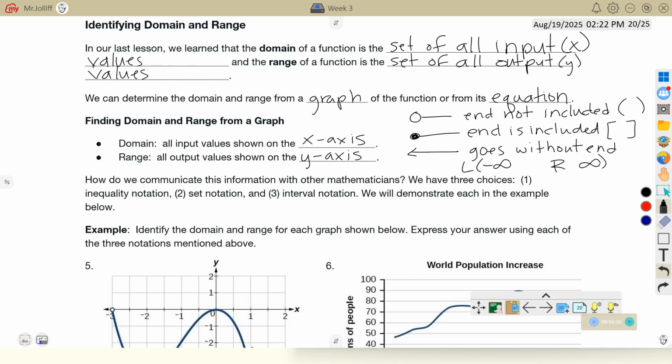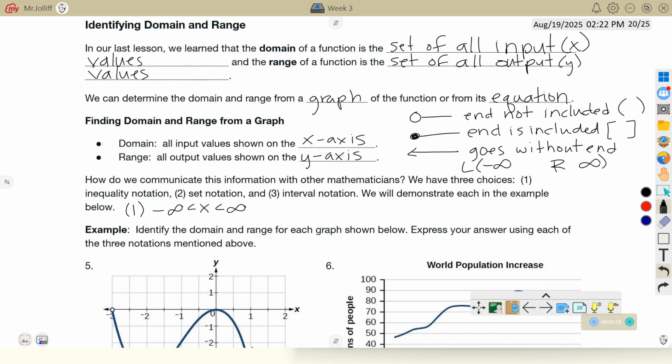I want to review the other types of notation you will see because there are 3. We can express our domain and range using inequality notation. For example, I would say that my variable x is between negative and positive infinity.